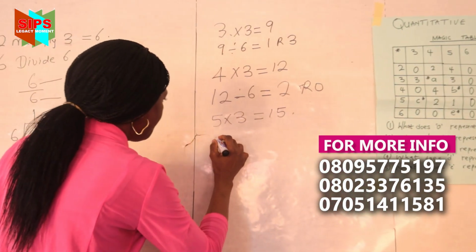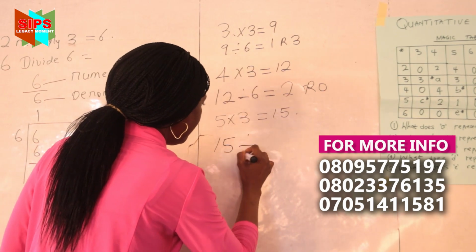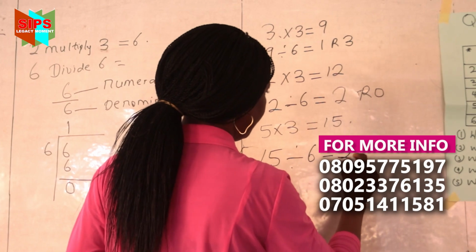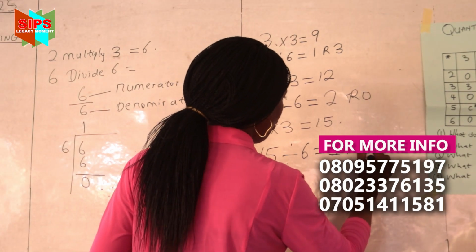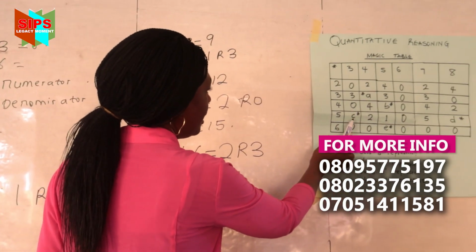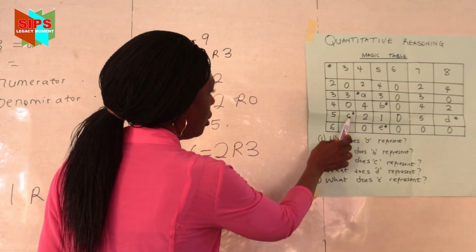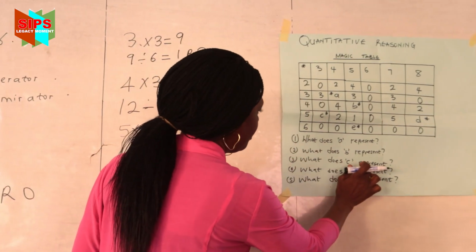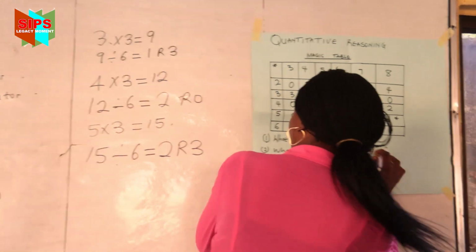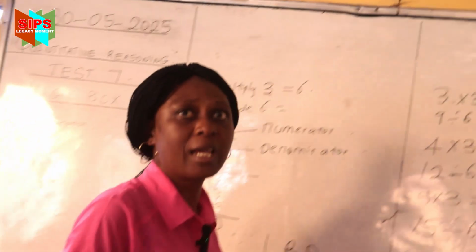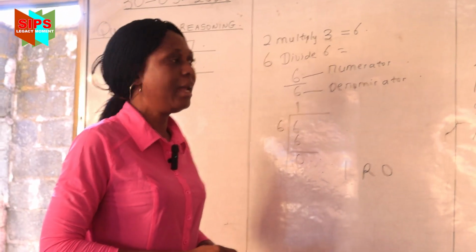So 15 divided by 6 will give us what? 2 remainder 3. So which means that this letter C that we are looking for, the answer is what? 3. So which means that our answer is 3. Is that taken? Yes. Is that clear?